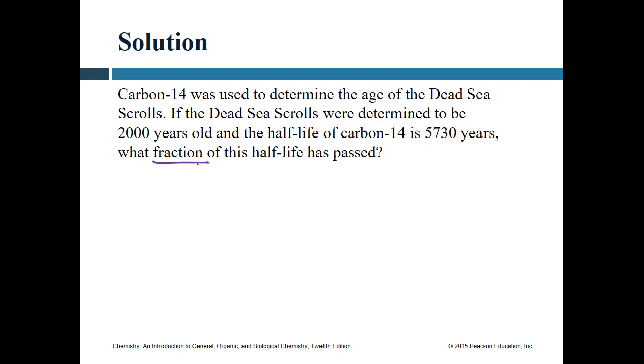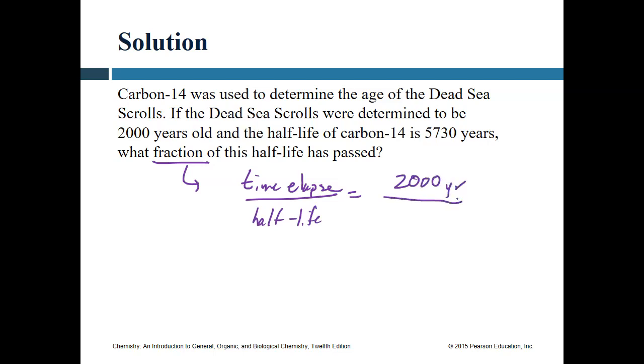So if we're trying to figure out this fraction, we need to take the time that's elapsed divided by the half-life. So 2,000 years have elapsed. The half-life is 5730 years.